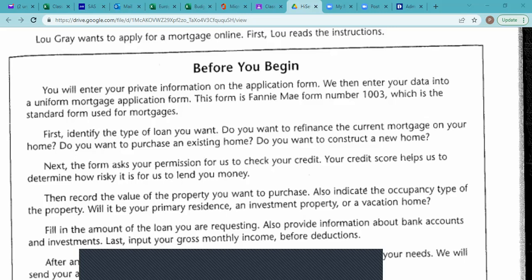Okay, some people refinance their home to maybe get extra money that they need to get some major appliances fixed or something like that. Maybe they don't have the money on hand and they refinance their home for that reason. All right, or they could purchase an existing home. Let's see, I don't want to say anything about that right there because there is a question for that one, okay?